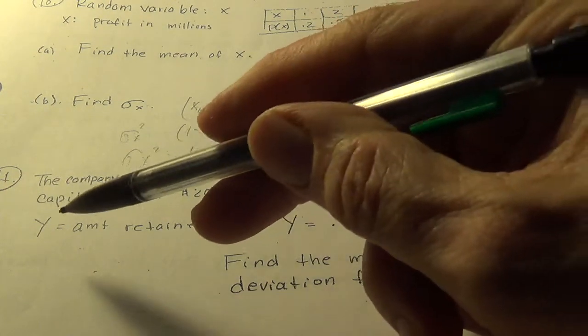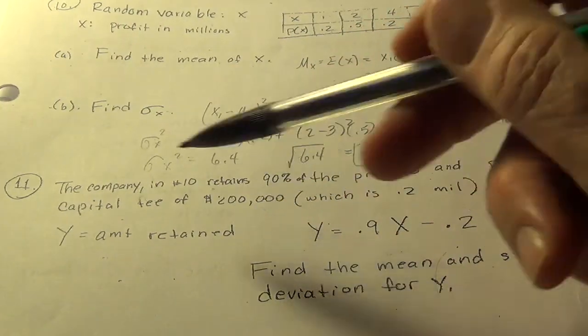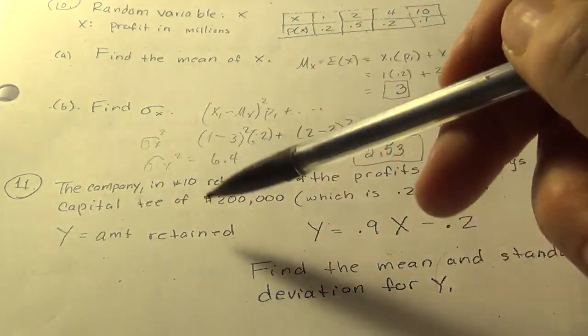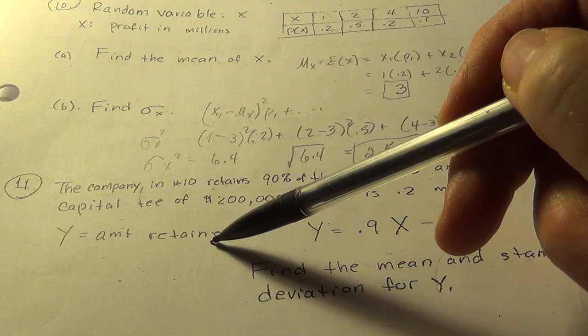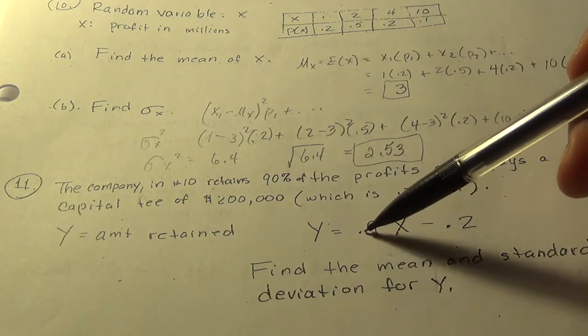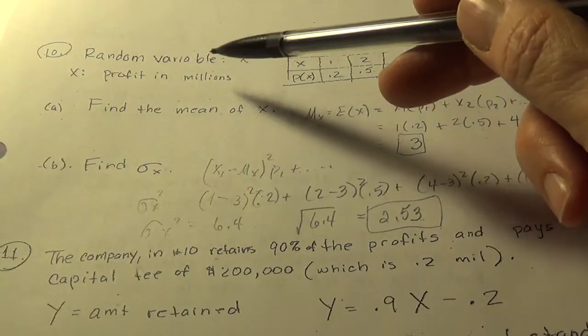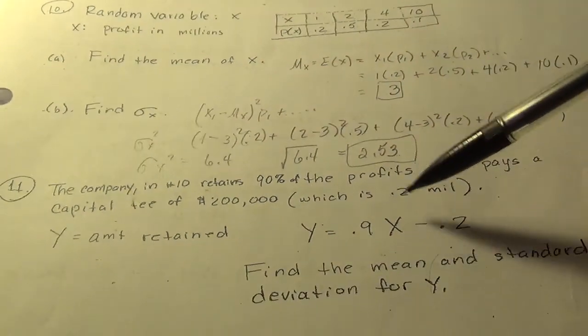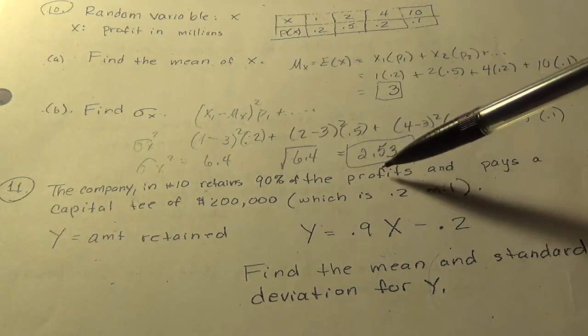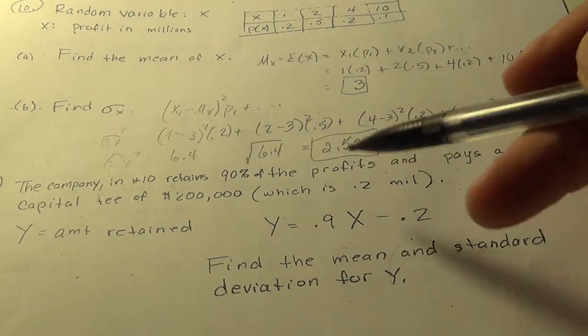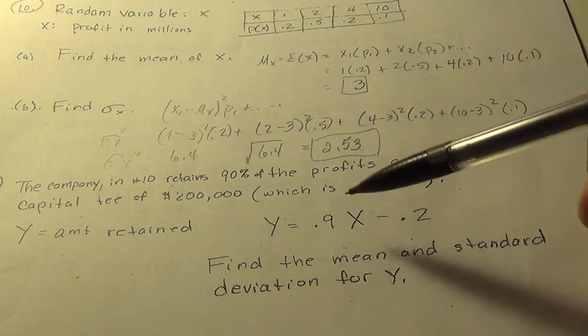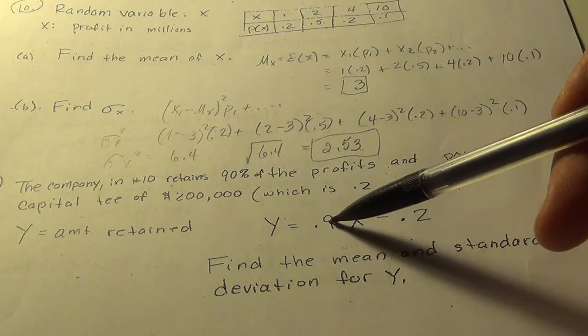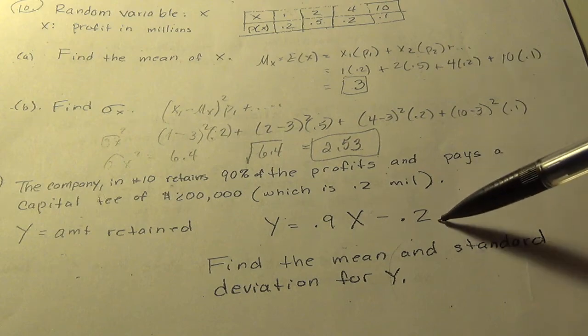So I'm going to make a linear combination. So the y, the amount that is the actual money retained, is going to be 0.9 times the profit from up here minus 0.2 for the fees. So this is a linear combination when not only do we multiply the variable by something, then we subtract from it.